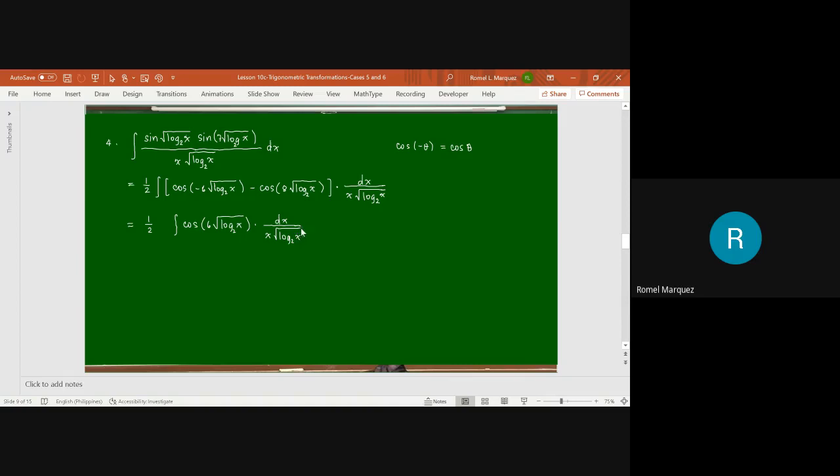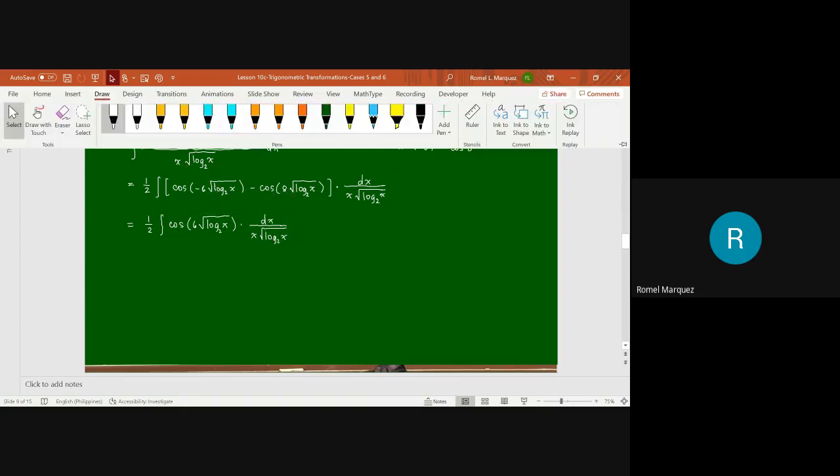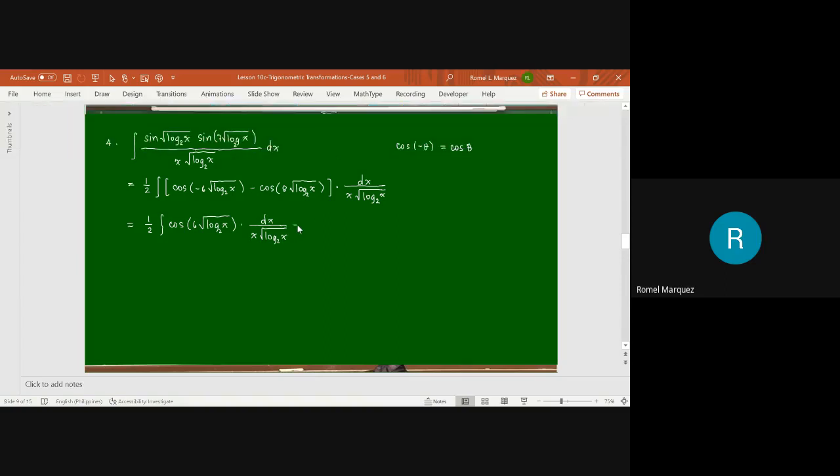What's the derivative of this? Let's check. And then actually similar here, the only difference is constants. Then we have here minus 1/2 integral of cosine of 8, no?